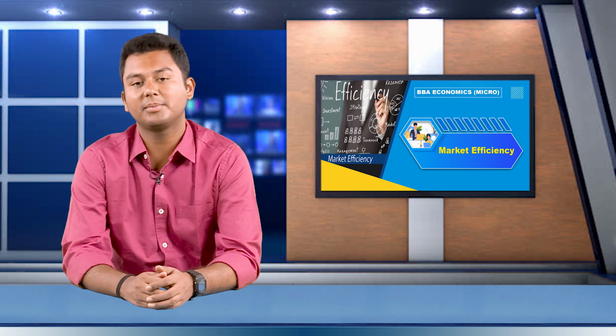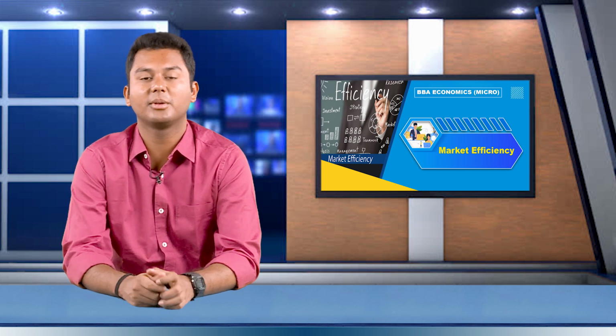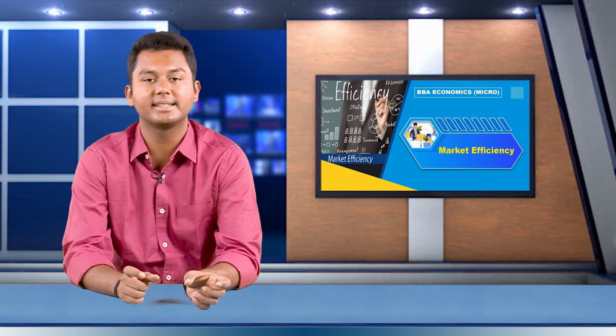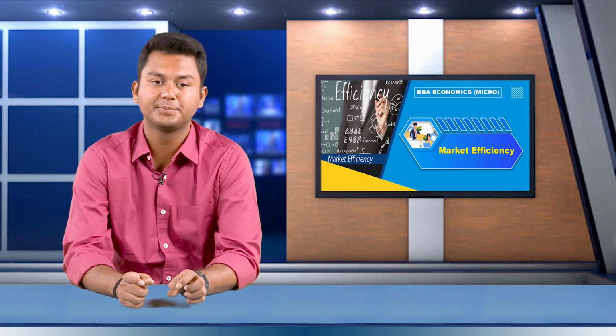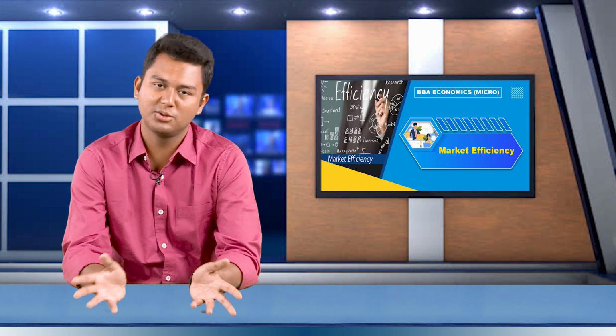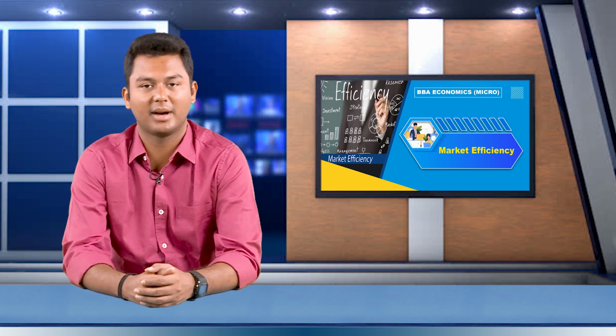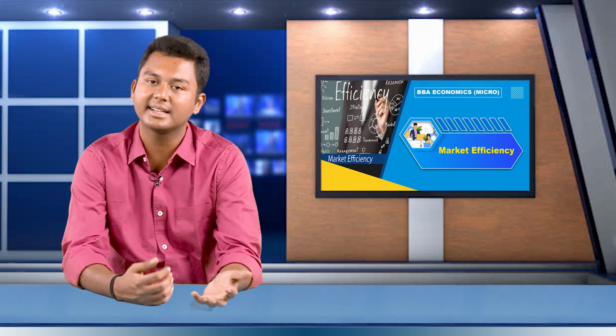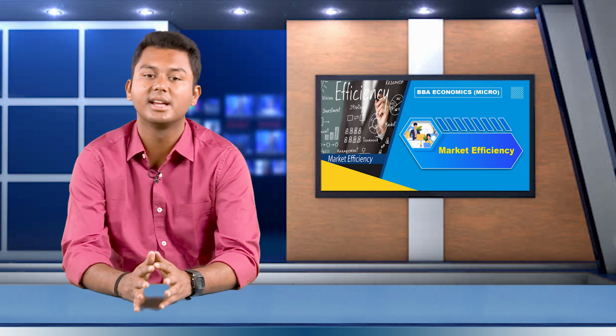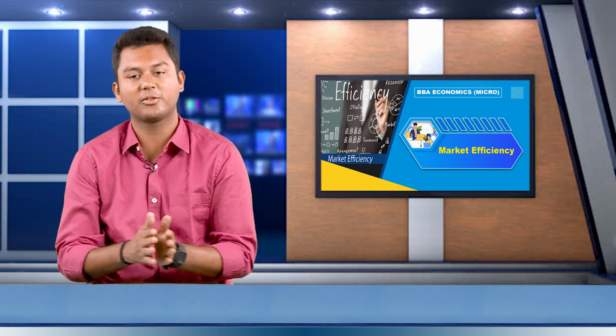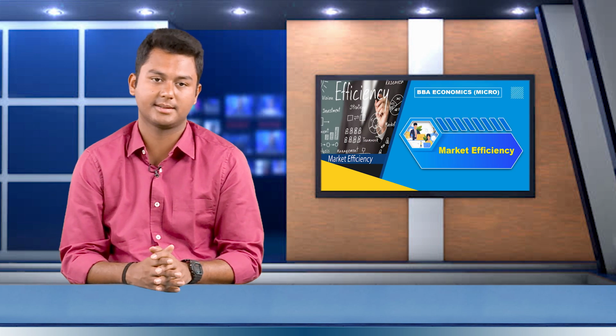But can the social planner raise total economic well-being by increasing or decreasing the quantity of the good? The answer is no. As stated in the third insight about market outcomes, free markets produce the quantity of goods that maximizes the sum of consumer and producer surplus.